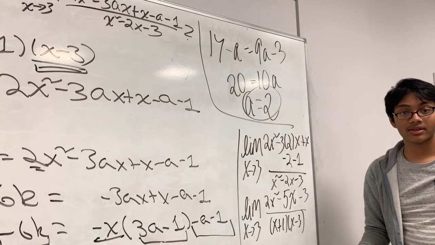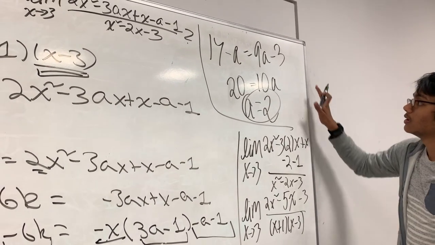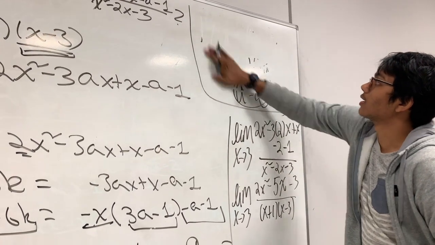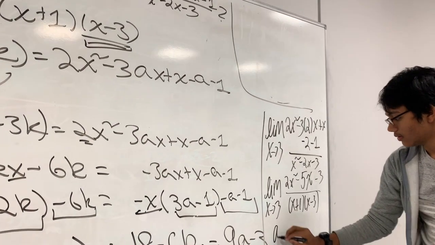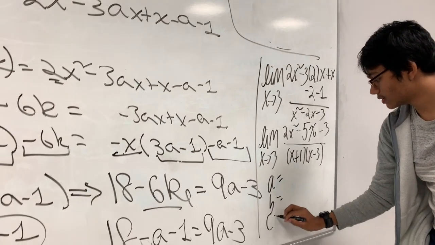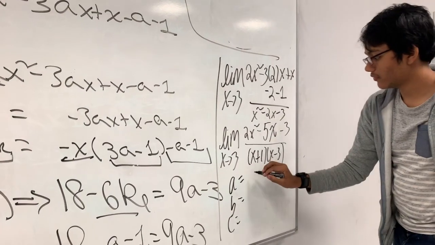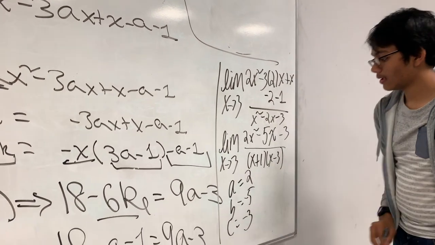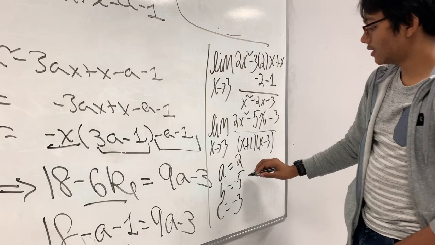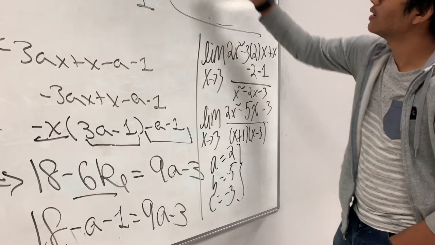Well, you can complete the square, but I find it better to use the quadratic formula. So let's see. What are our a, b, and c values? Our first coefficient is 2, second is negative 5, and third is negative 3. Okay, so let's use the quadratic formula based on these three values.